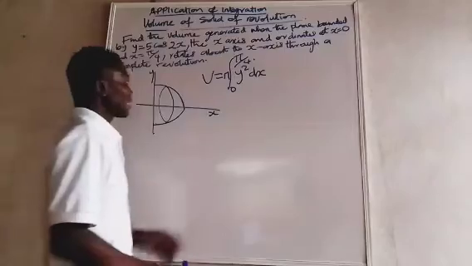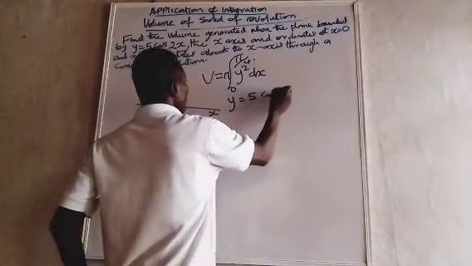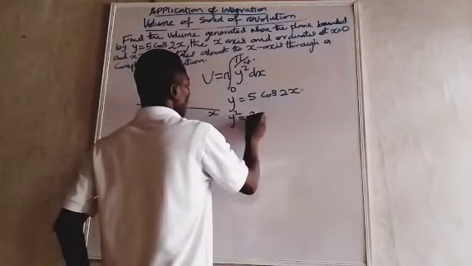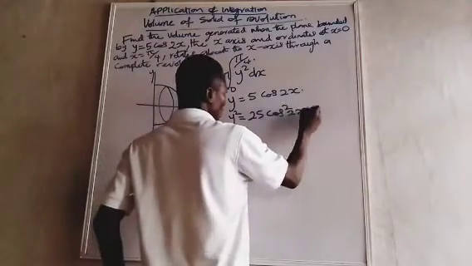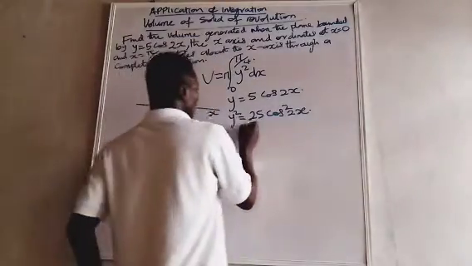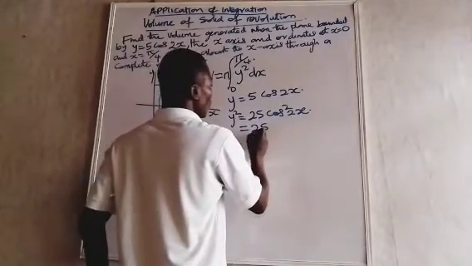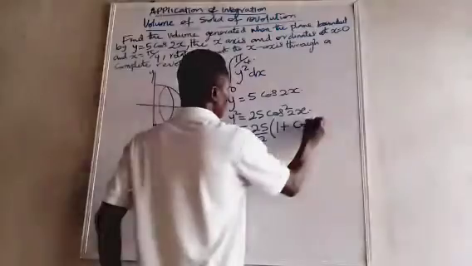So let's start. What's our y? 5 cos 2x. So our y squared will be equal to 25 cos squared 2x. And you can also say it's going to be 25 over 2 into 1 plus cos 4x. Remember?